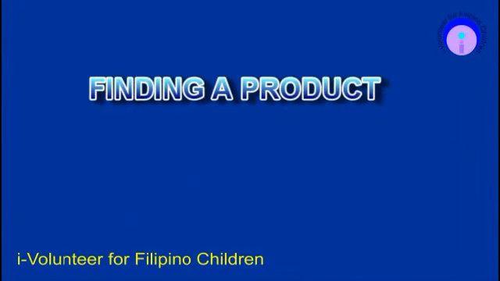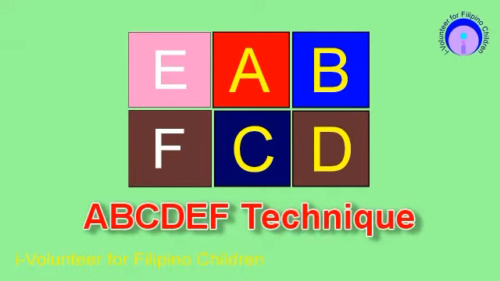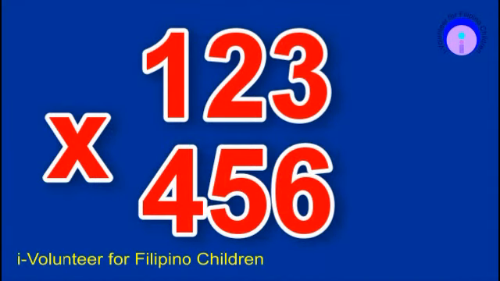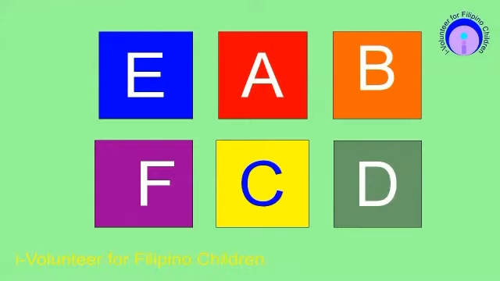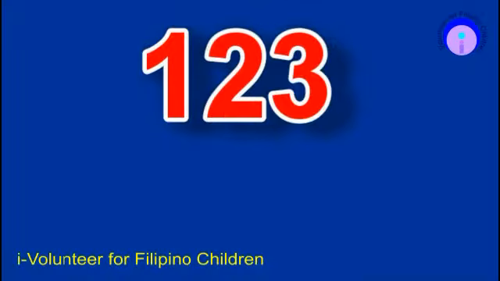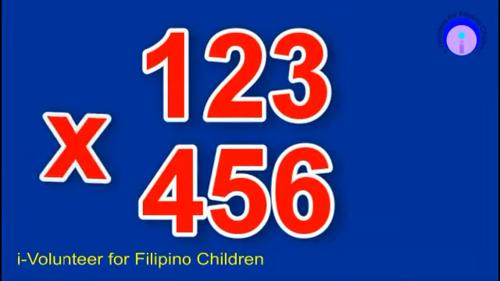Today, we will be discussing the ABCDEF technique or simply the ABCD technique in order to help early learners to multiply big numbers. This technique was designed by myself for you to multiply big numbers with confidence and proficiency. Now let's move on. 123 times 456.